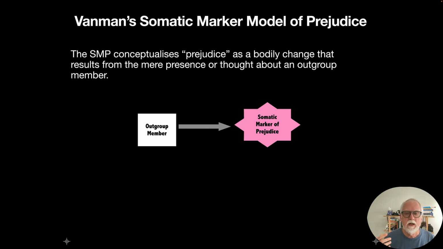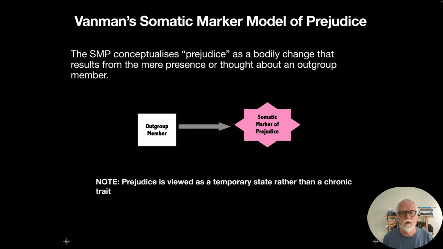And do you remember how some of these patients that Damasio has worked with have damage in the orbital frontal areas that cause them to not really read their gut very well, and they end up making bad decisions. So I'm likewise arguing here that sometimes when you run into people from the outgroup, you might have a somatic marker. You have a little physiological change, a little gut response, right? And so prejudice then is viewed as more like a temporary state, something that you just momentarily have when your body kicks back and gives you this sort of feedback.